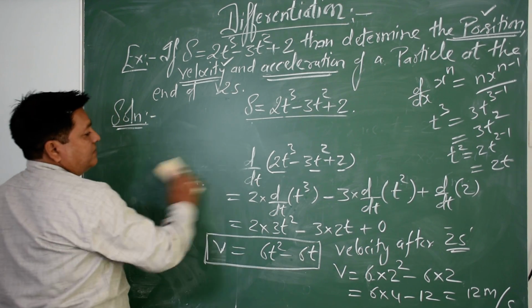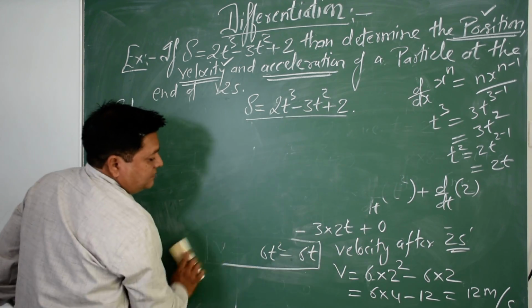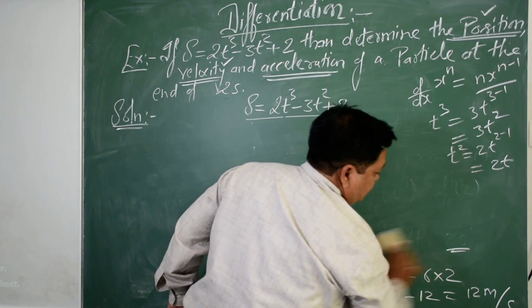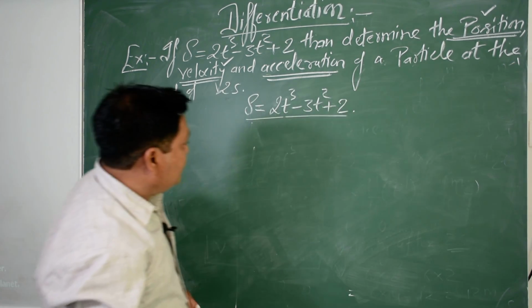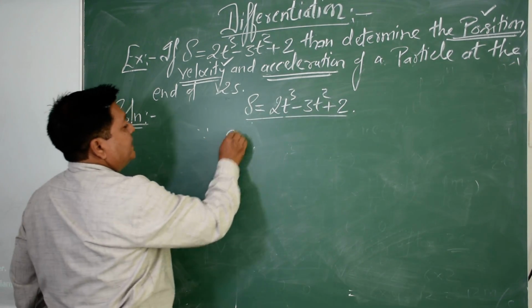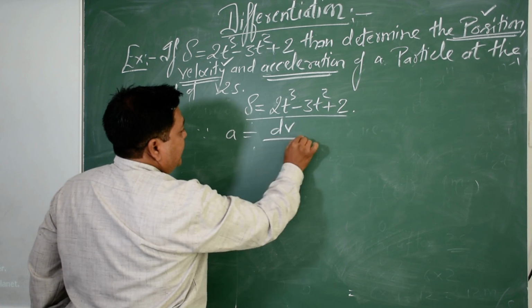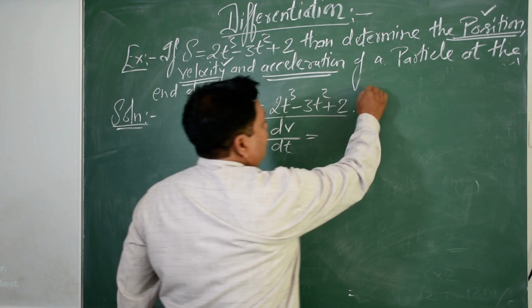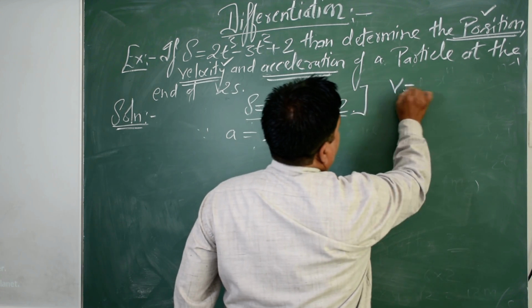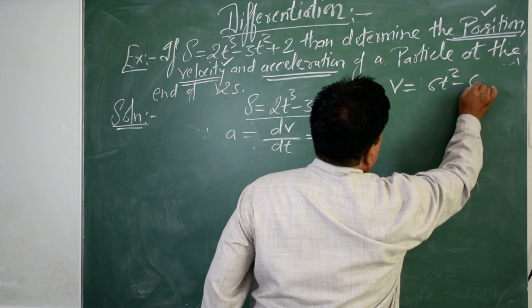Third part of this question. Since we know that a is equal to rate of change in velocity with respect to time. What is the value of velocity? Just now we have taken out. v is equal to 6t square minus 6t.